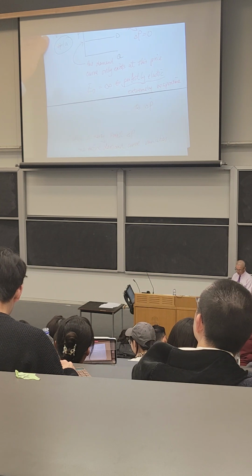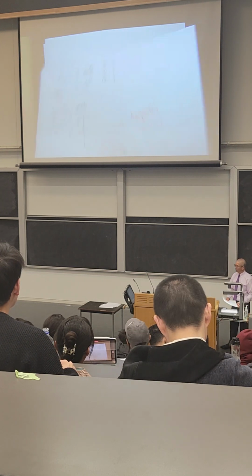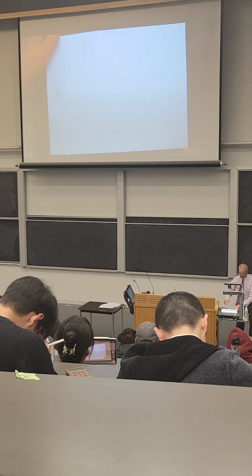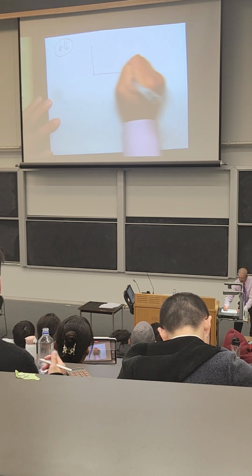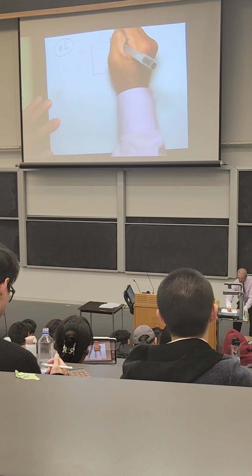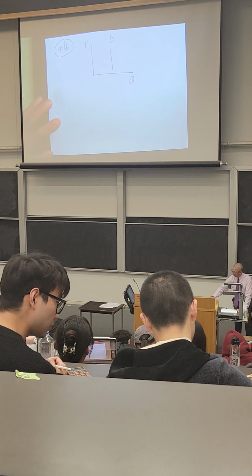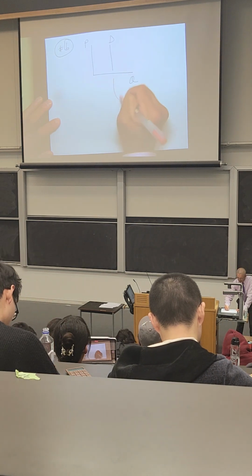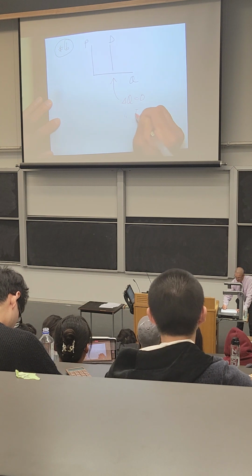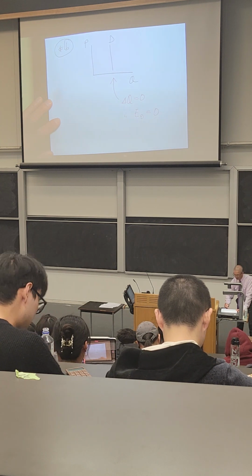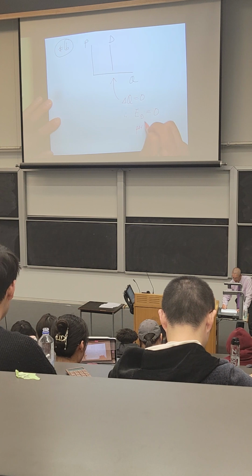Now, the opposite is true for 1B, that is, when the demand is vertical. 1B, the demand curve is a vertical line. And therefore, the change in quantity equals 0. As a result, the demand elasticity equals 0. That is perfectly inelastic.